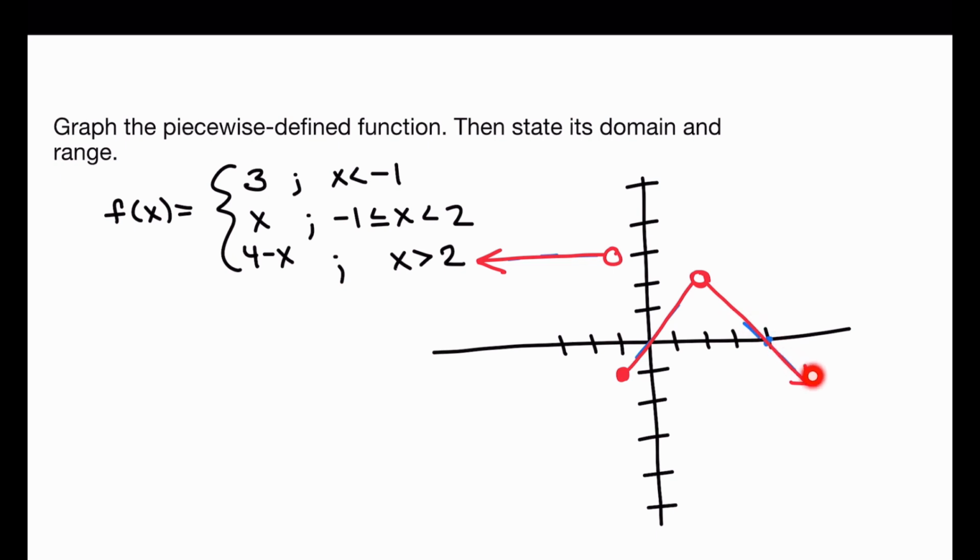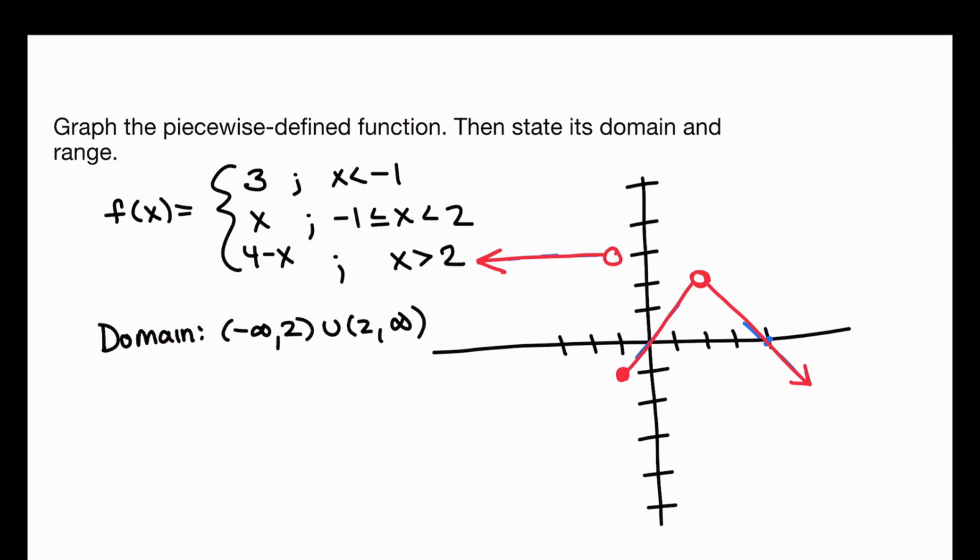And then it's defined again to positive infinity. So that domain I'm going to write as negative infinity to 2, union 2 to infinity. This function is defined everywhere except for 2. At x equals 2, there's only an open circle. There's no point anywhere. Whereas at x equals negative 1, there is a closed circle. There's a point on that graph.